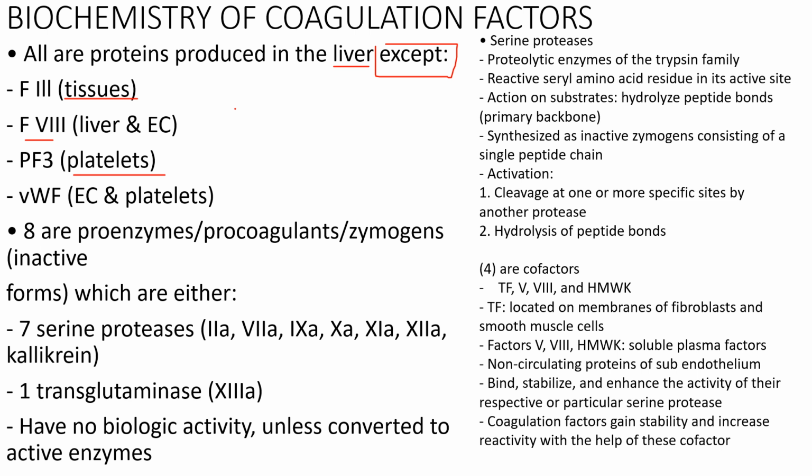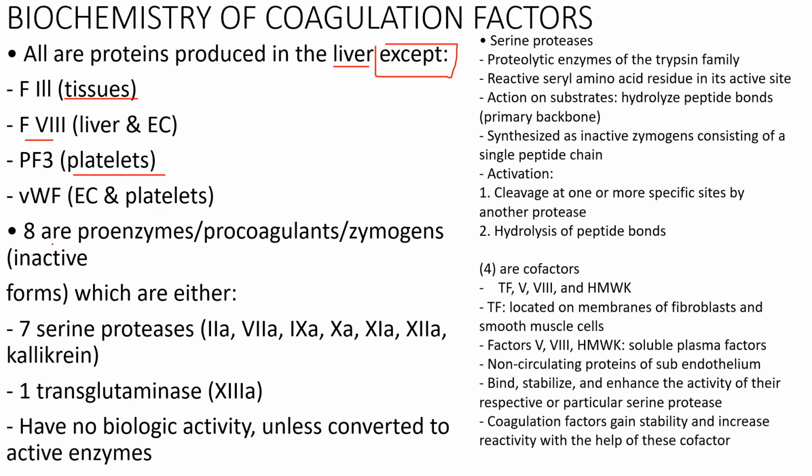So all of your coagulation factors are produced in the liver except for these four: factor 3 in the tissue, factor 8 in the liver and endothelial cells, platelet factor 3 by the platelets, and von Willebrand factor by endothelial cells and platelets.